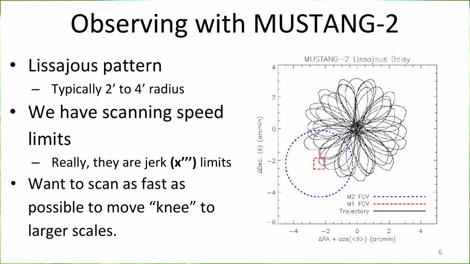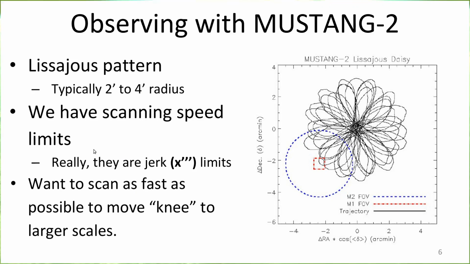And so in the plot here, the black lines are the trajectory, and I have some dashed lines showing the field of view of Mustang 2, listed as M2, and Mustang 1 was the predecessor instrument, which had a much smaller field of view. So you see our instantaneous field of view is much smaller than the total area that we'll be surveying.